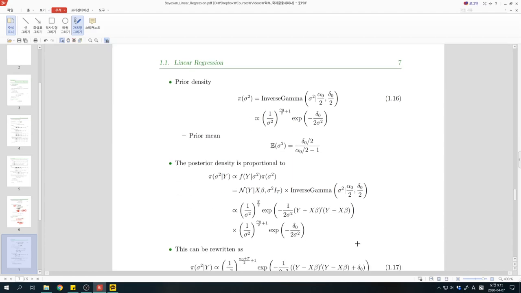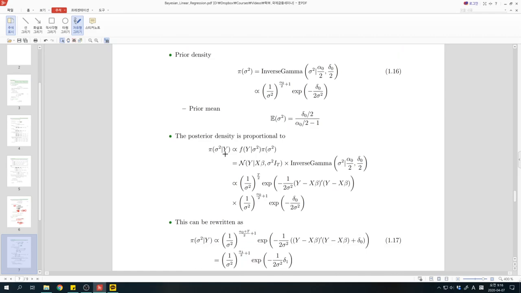This inverse gamma distribution is defined by two hyperparameters, alpha 0 and delta 0, and its mean is delta 0 divided by 2 over alpha 0 divided by 2 minus 1. This is the expectation of sigma square, I would say the posterior mean, or posterior expectation.